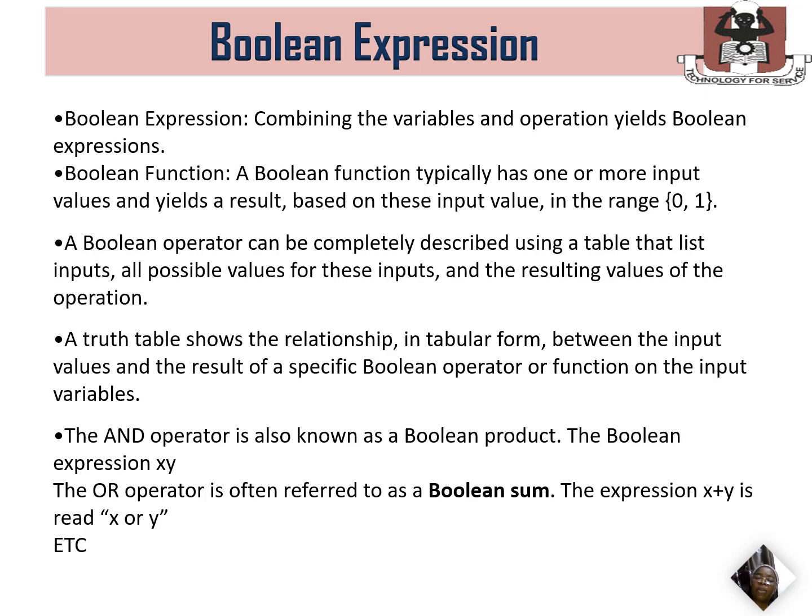After Boolean algebra, we have Boolean expressions, which combine variables and operations to yield a Boolean expression. A Boolean function typically has one or more input values and yields a result based on the input values, which is in the range of 0 and 1.